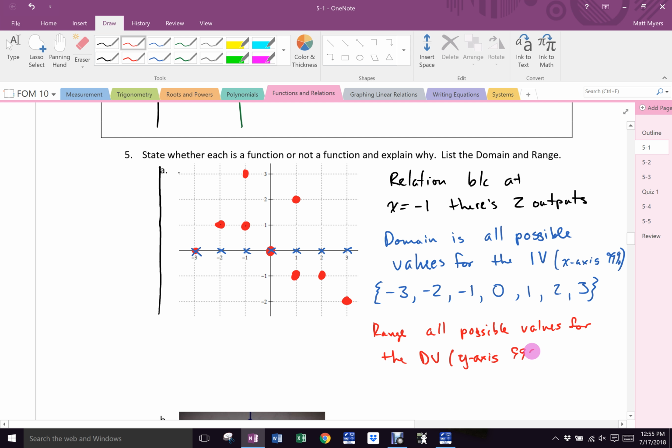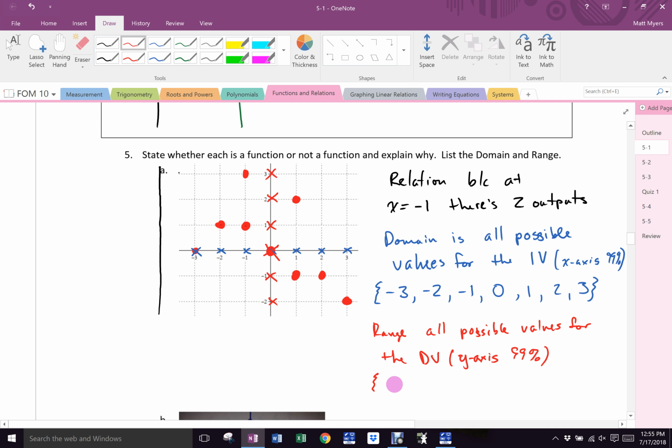Again, 99% of the time. What are my range values? Well, there's one there. There's one there. There's one there. There's one there. There's one there. And there's one there.